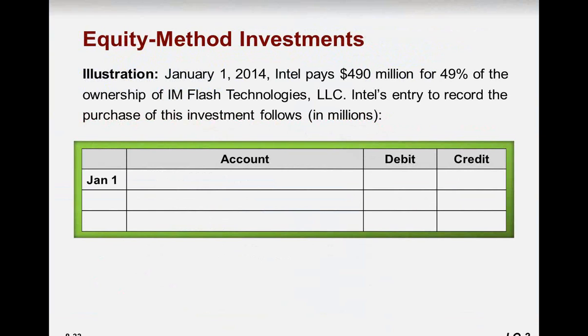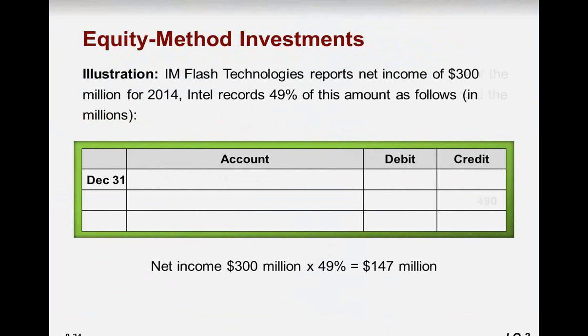So we have $490 million for 49% of IM Flash Technologies. We're going to do an equity method investment and pay cash for that. IM Flash Technologies reported a net income of $300 million.